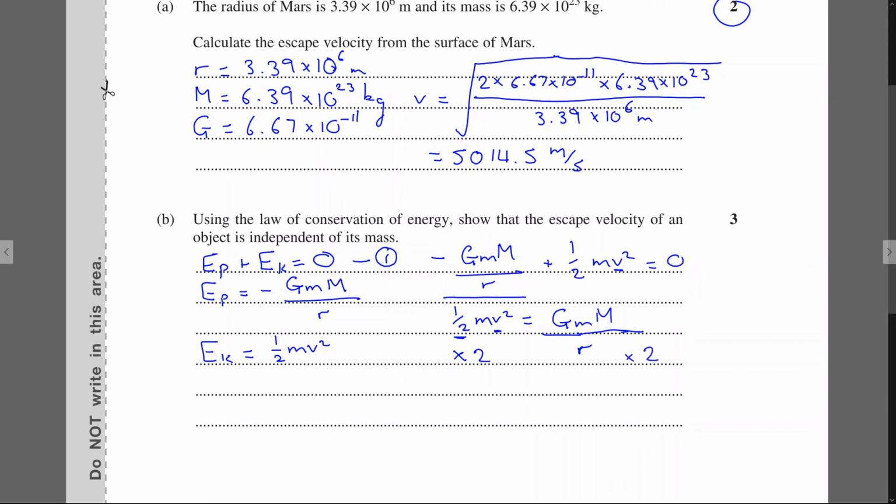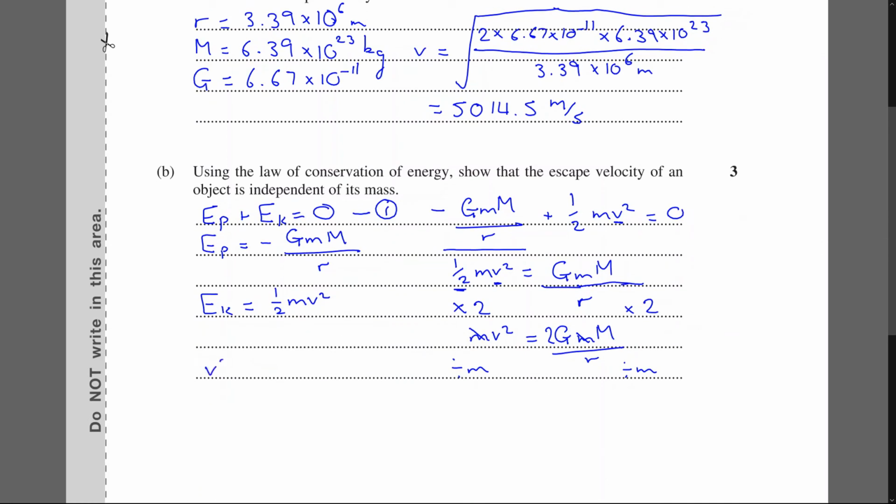So I get mv squared equals 2GMm over R. I notice that it's the same little m on both sides of the equation, and because of that I can divide both sides by m, and when that happens they cancel out. So I get v squared equals 2GM over R.